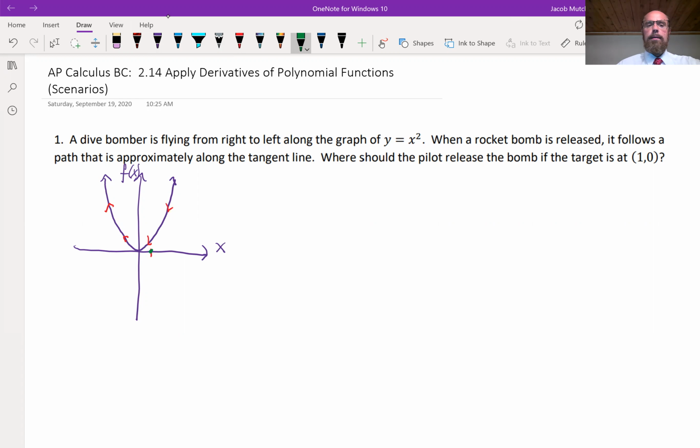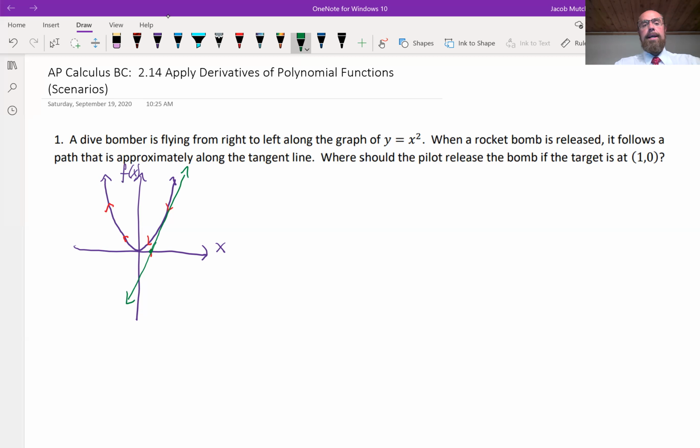And we're told that the rocket bomb should travel along a tangent line. If we were to guess what that tangent line might look like, just to sketch it in, it might be something like this green line.